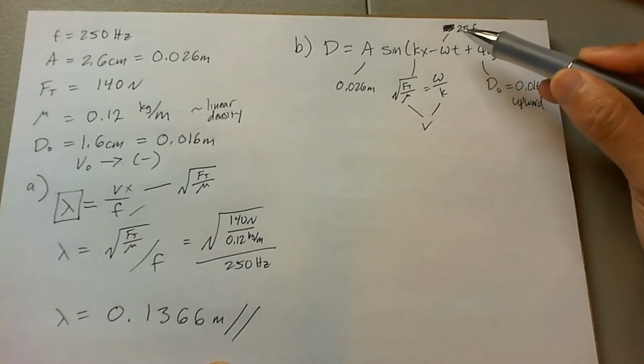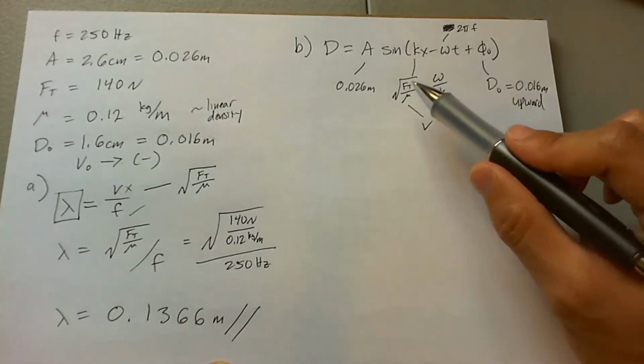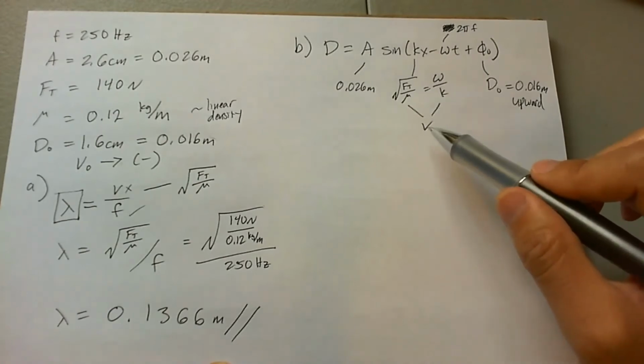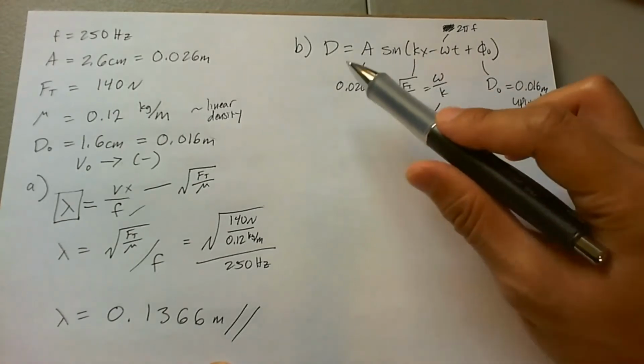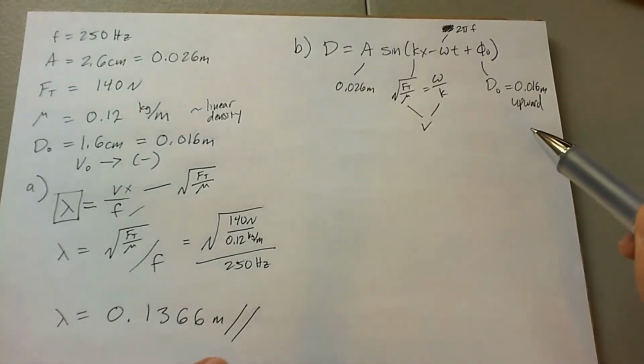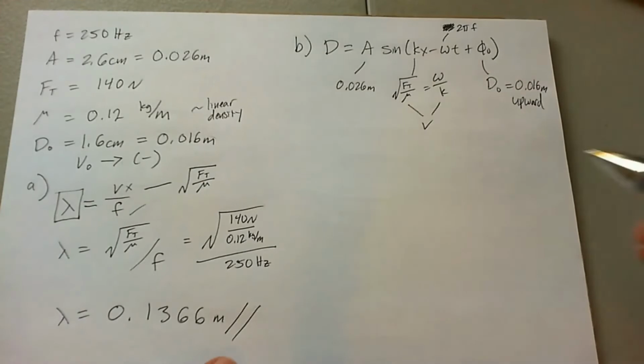We use 2 pi f to find omega. We use the relationship between omega, k and velocity to find k. And we use what's given to find A. So let's find each of these one at a time.